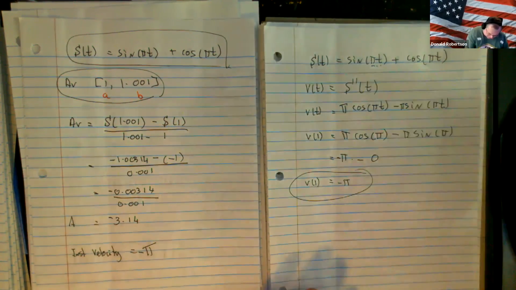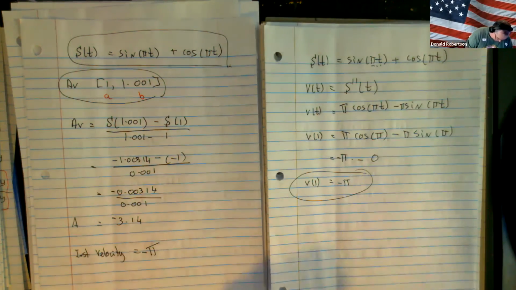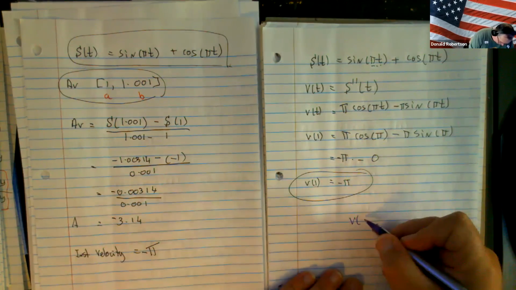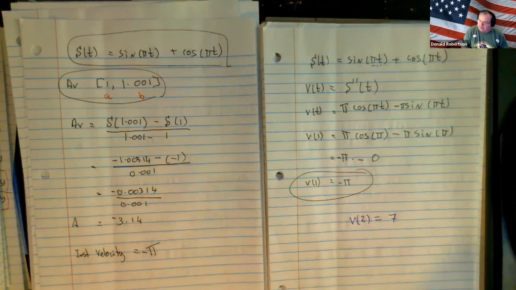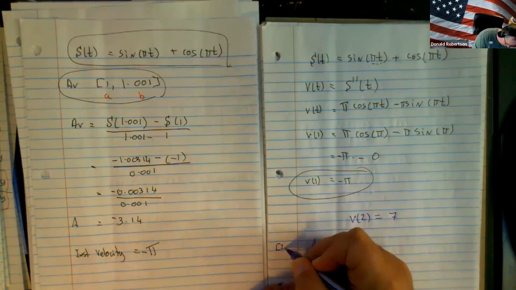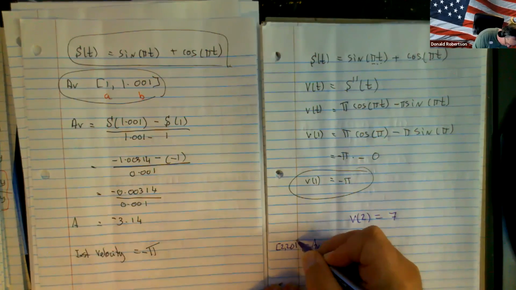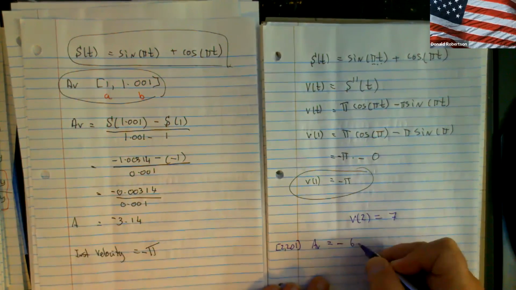yeah, can you imagine you did the math for a different question and the derivative, you know, the velocity, which would be the derivative at 2, was 7, right? Just for argument's sake. And you did the average velocity from 2 to 2.01, right? And you got the answer minus 6.98.